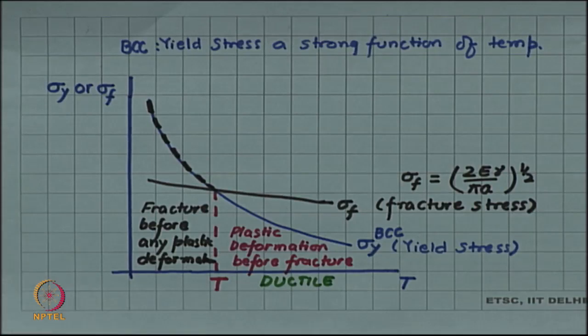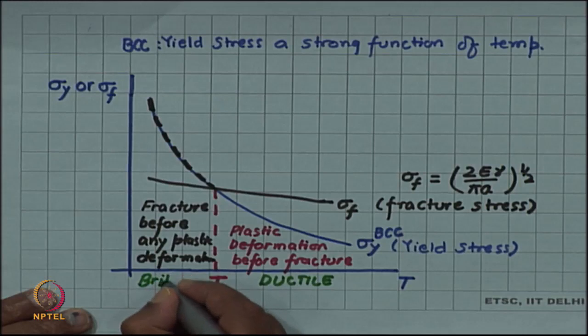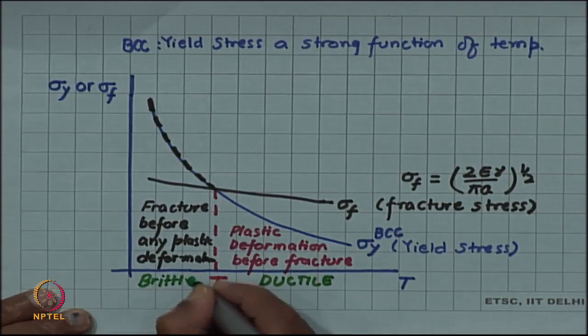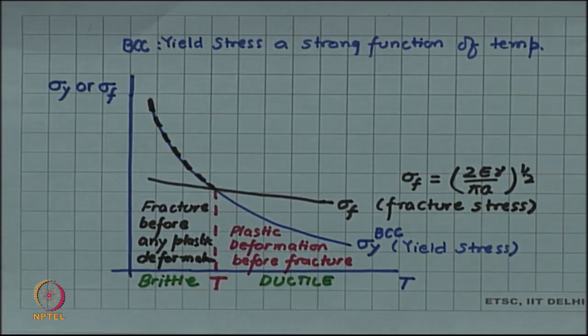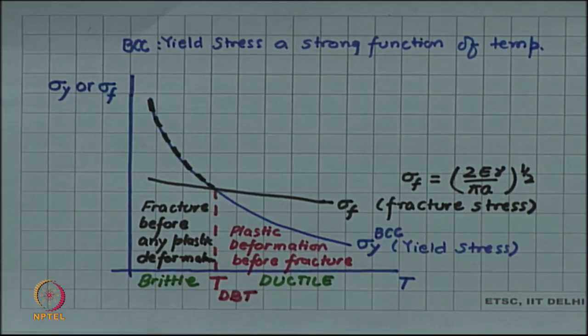However, since fracture is happening before any yielding, this part is brittle. In this domain of temperature the material will behave in a brittle fashion. So, this temperature is the ductile to brittle transition temperature.